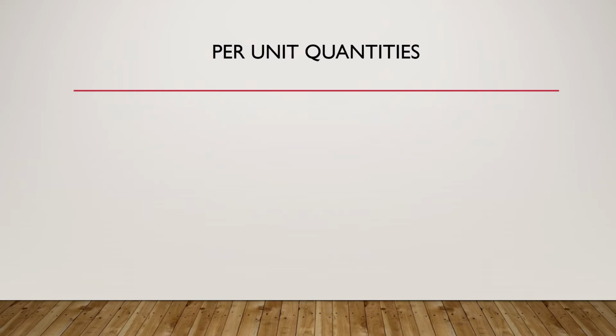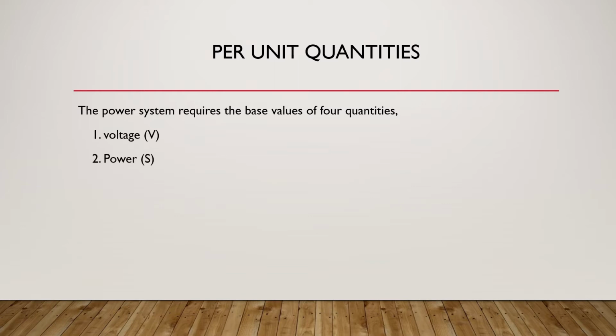Now, the power system requires base values of four quantities. First one, voltage. Second one, power. Third one, current. Fourth one, impedance. Out of these four quantities, two quantities will be specified.